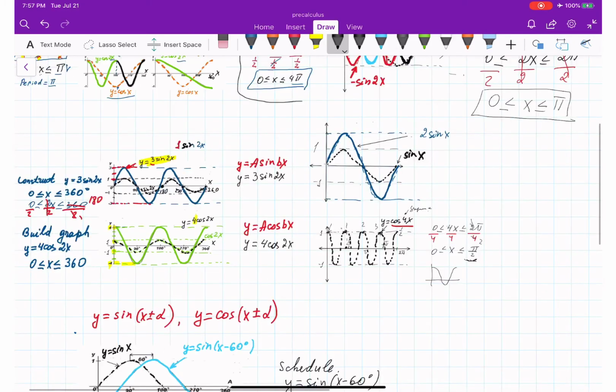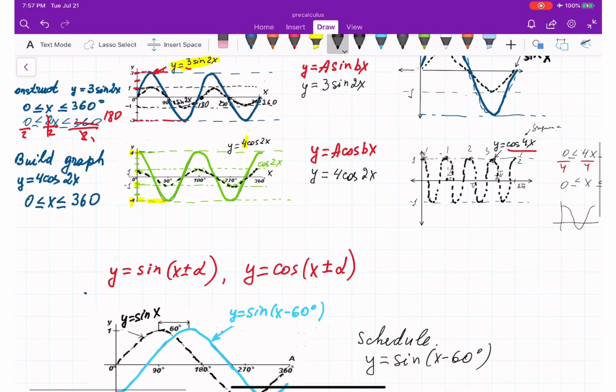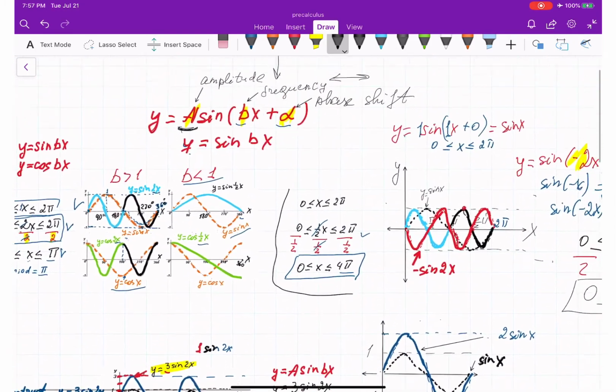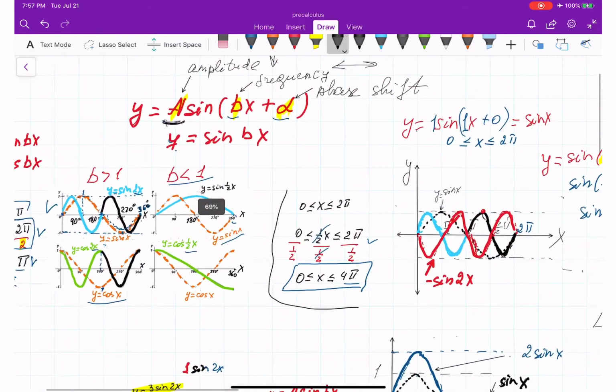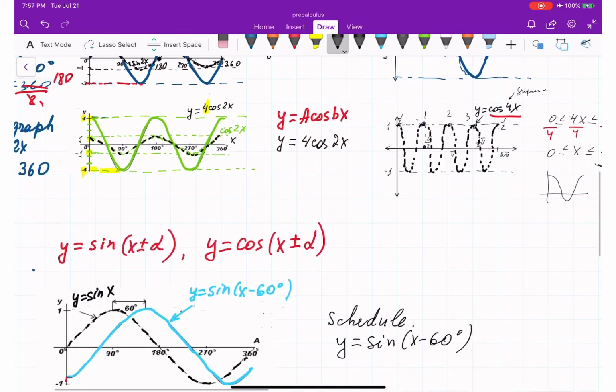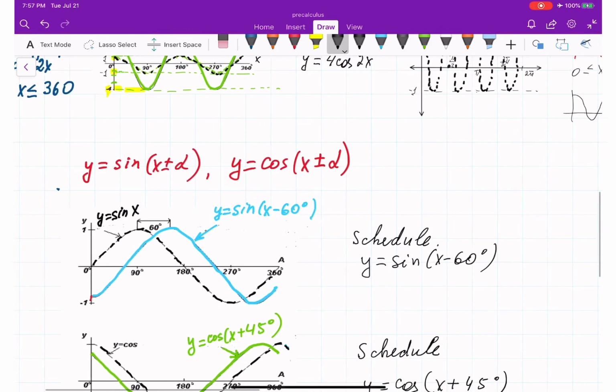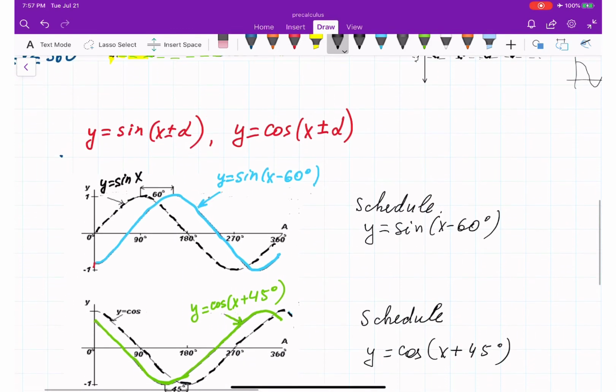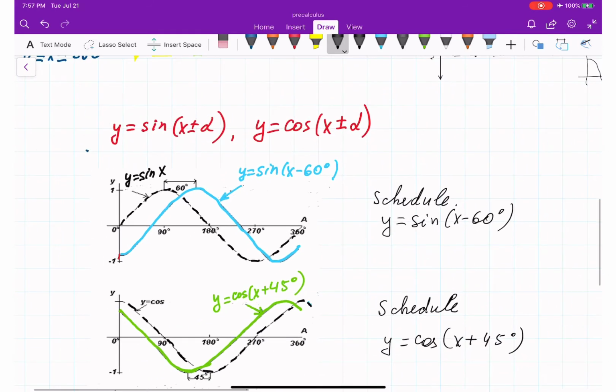Okay, so next, let's explore. So we looked into amplitude. We looked into frequency. Now we are moving to phase shift. Here it is. We have sine x minus 60. So I put here schedule.